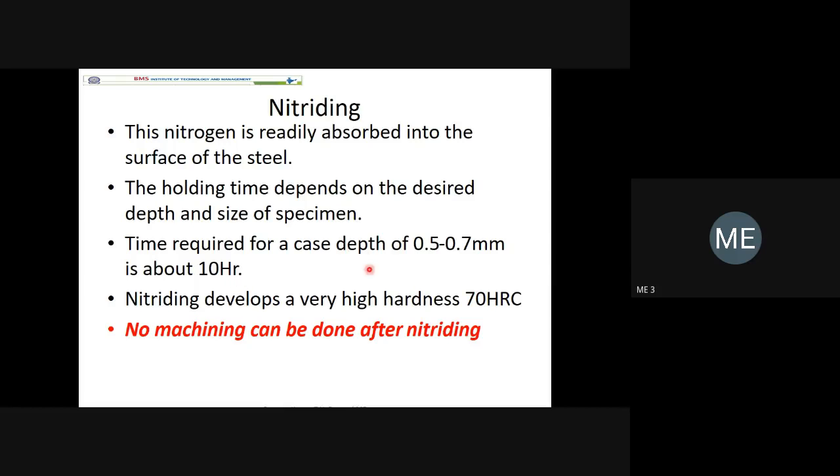Suppose you want to make it harder with more depth, let it be around 1 mm depth, you have to make the surface harder up to 1 mm. Then you may require around 20 hours or more. So nitriding develops very high hardness. It may be around 70. So no machining is required.